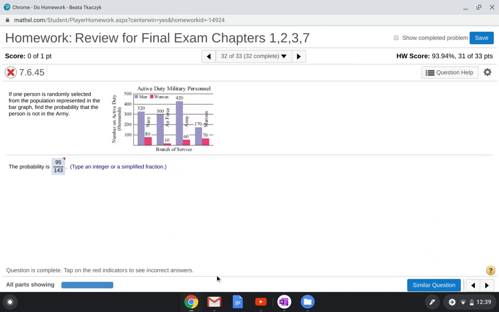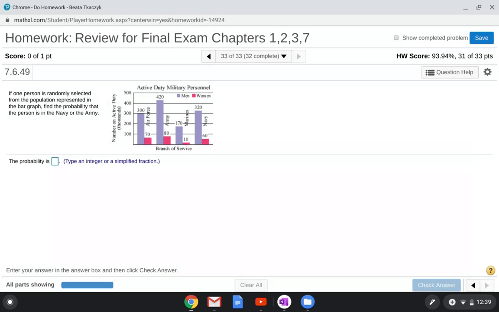Okay. So next question. Wait, this is the same one? Similar. If one person is randomly selected from the population represented in the bar graph, find the probability that the person is in the Navy or Army.